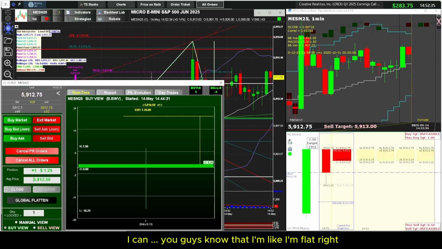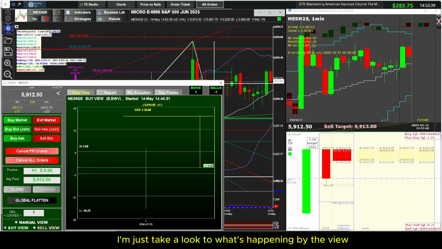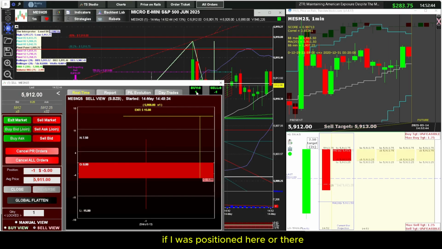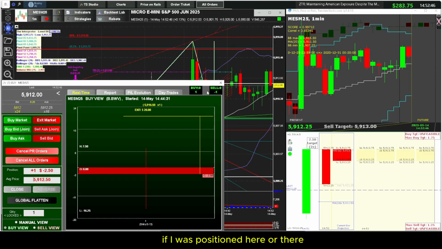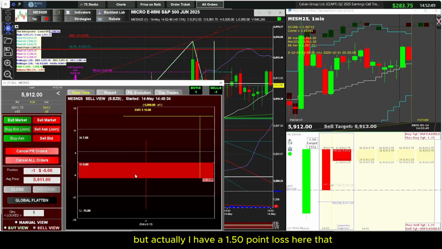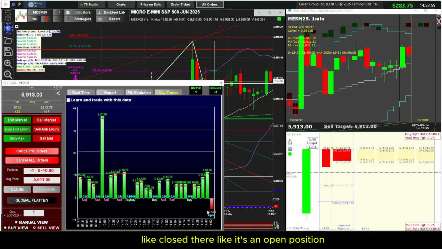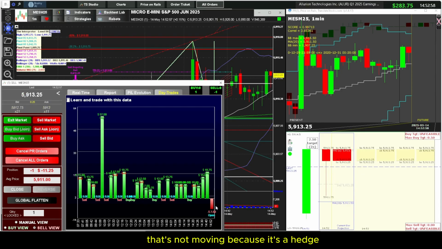Actually, you guys know that I'm flat, right? I'm just taking a look at what's happening, by the view, as if I was positioned here or there. But actually, I have a 1.5 point loss here that is close to there. It's an open position that's not moving because it's a hedge.